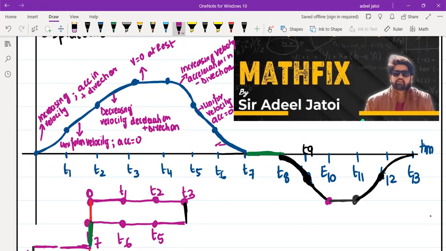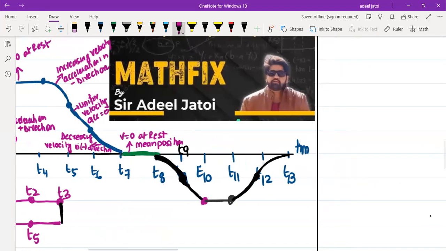And then, lastly, T6 to T7, decreasing velocity, and in negative direction. Now, at this point velocity is equal to 0, at rest, mean position. This is your mean position.